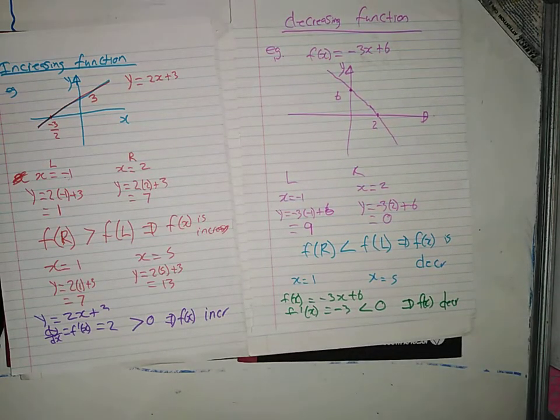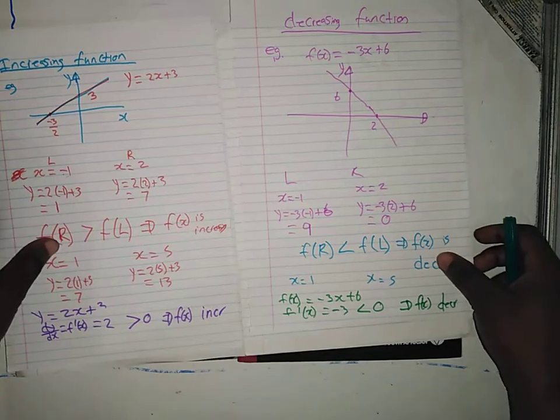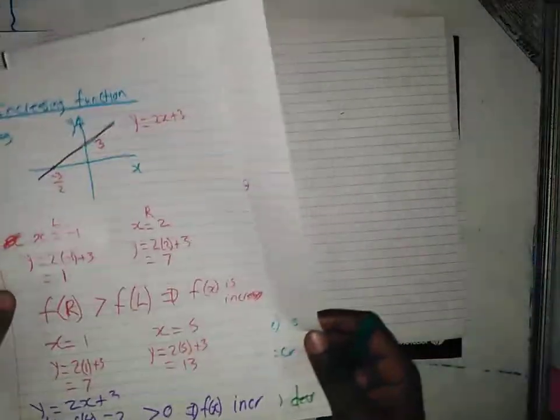It's decreasing. So if you've got a number that is less than 0, then you must know that the function you are dealing with at that particular point is decreasing. So can we summarize all of these ideas?